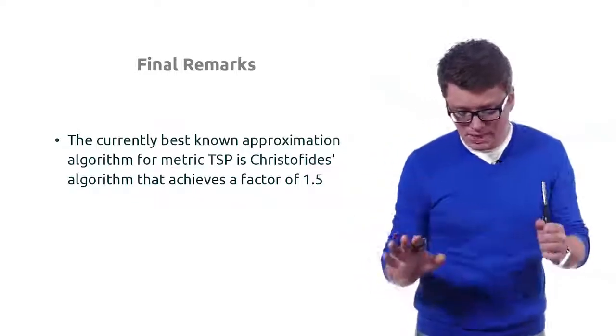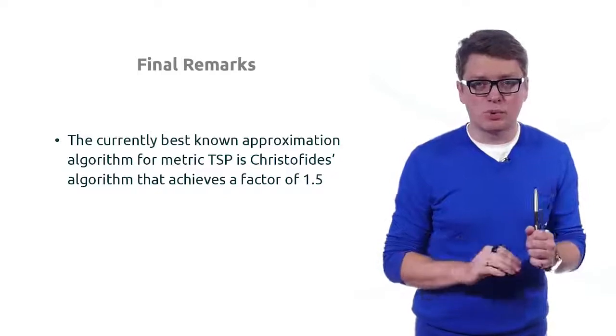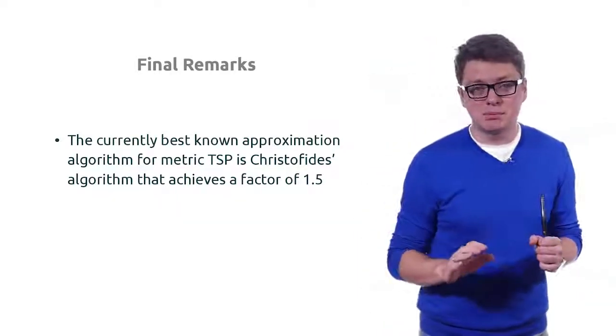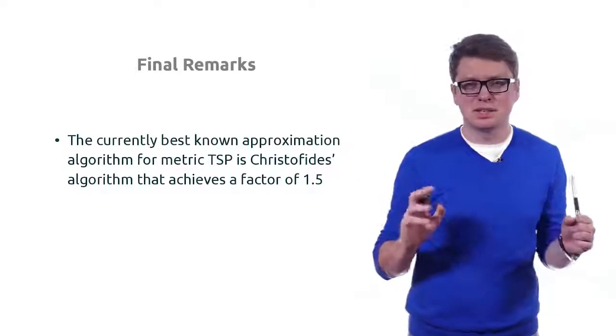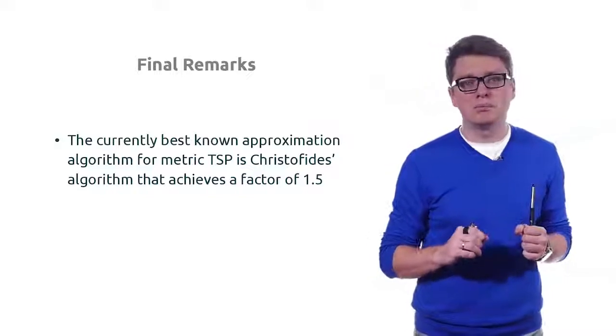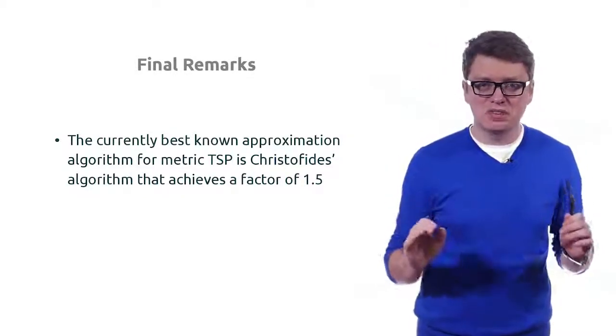So a better approximation factor is known. This factor is 1.5, and it is actually the best one. It was presented by Christofides in something like 77, so many years ago, and it has not been improved since then.